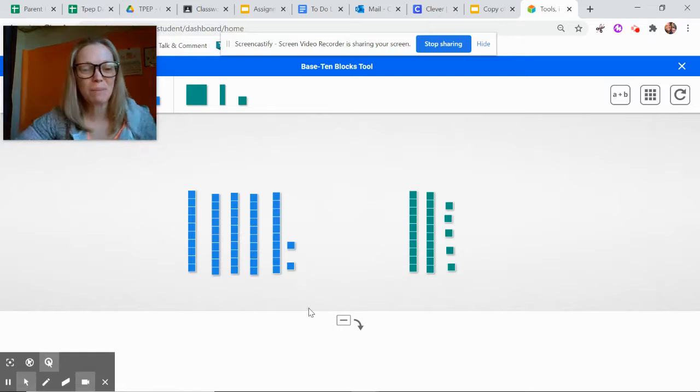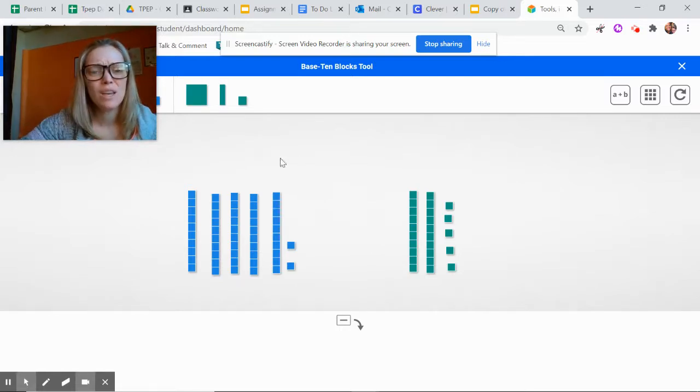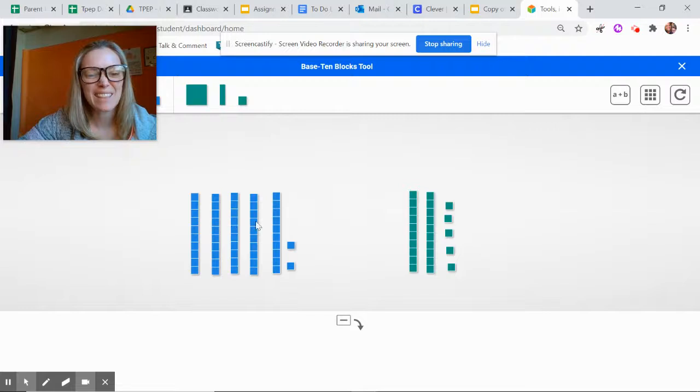All right, so I built my picture. I have Nora's apples, which was 52, or 5 tens and 2 ones, and Nick's apples that were 25. And I know that Nora picked more, because she has 50 and some extra ones, but Nick only has 20 with some extra ones.